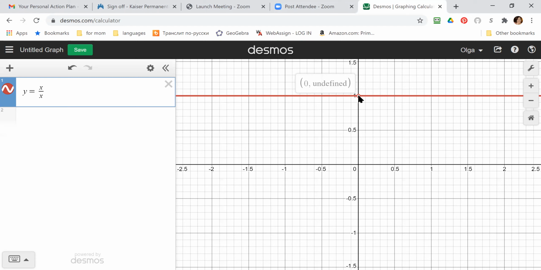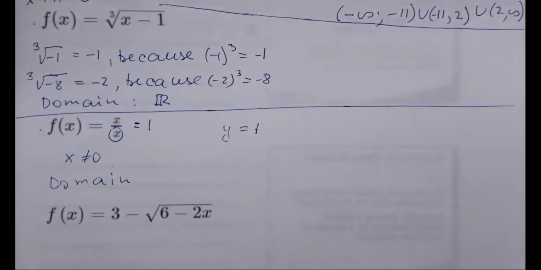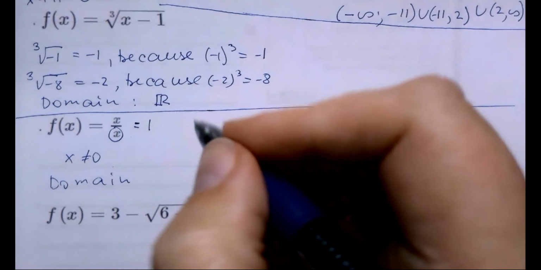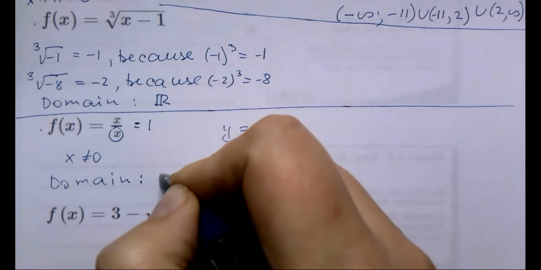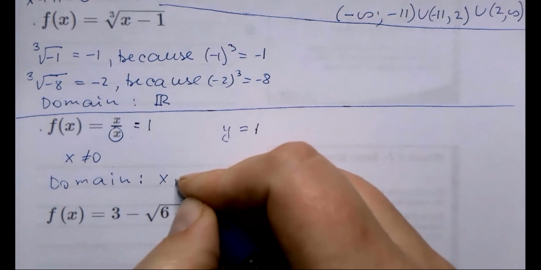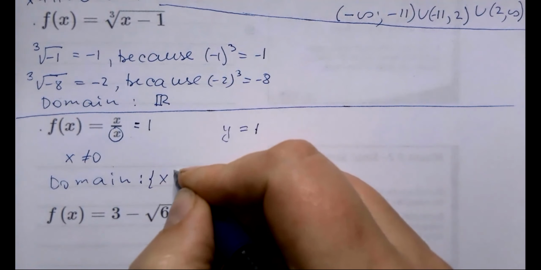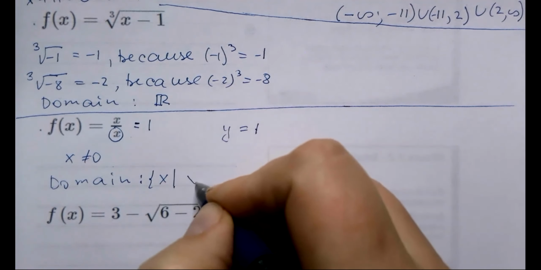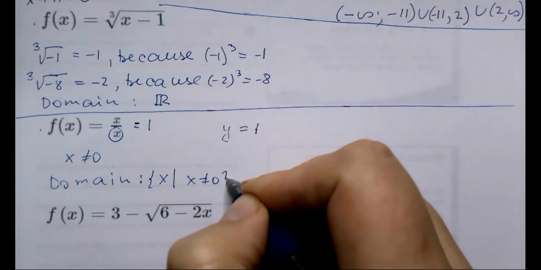So the domain is, let's go back to our paper, we could write it in set builder notation: x such that x is not equal to 0.